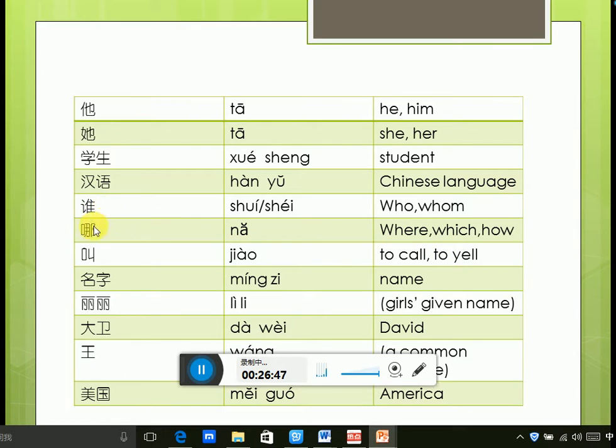The word 谁 is officially pronounced as 水, but in daily conversation, Chinese people tend to use the pronunciation 谁 instead of 水. 水 is more often used on really formal occasions.